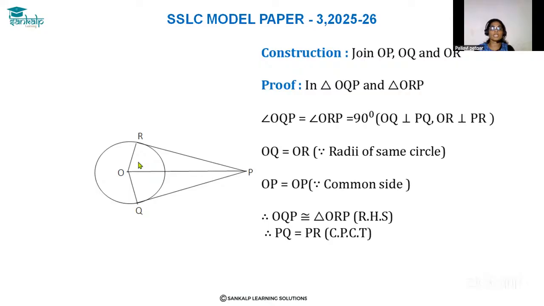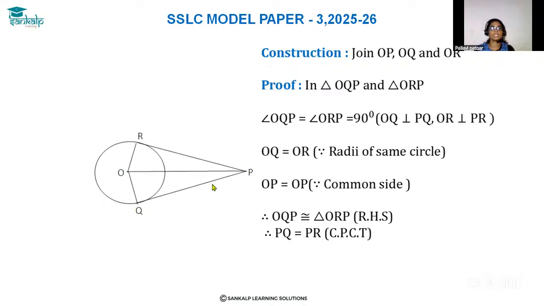Similarly, OQ and OR, these sides are equal in triangles ORP and OQP, because they are radii of the same circle. OP is equal to OP, a common side in both the triangles.